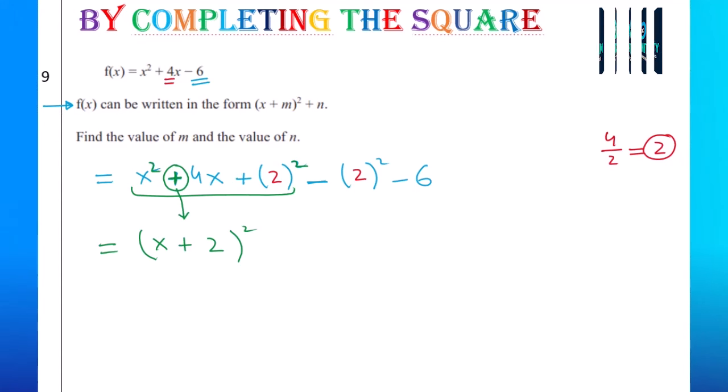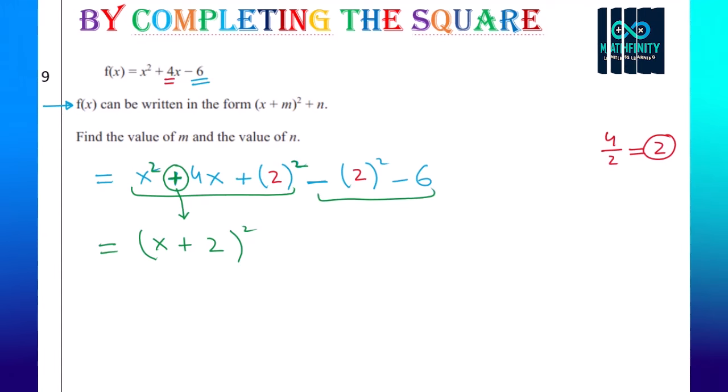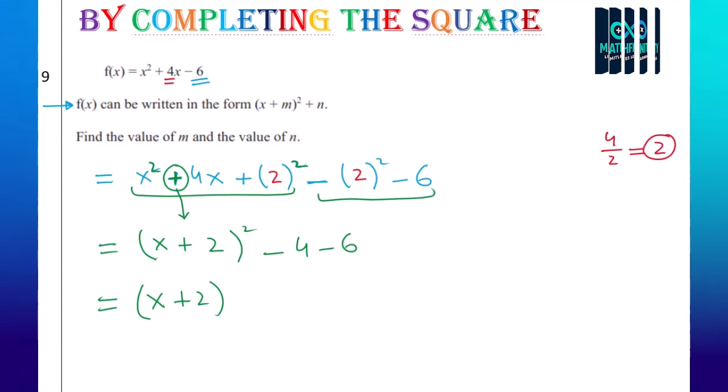If you see beside 4 negative, then you have to write negative inside. Okay. And these two you have to solve separately. Like negative 2 squared is 4 and negative 6. Then add or subtract them. What is the answer? x plus 2 whole squared minus 10.